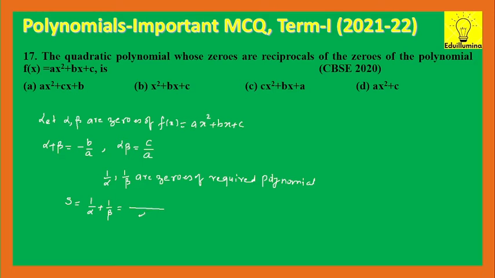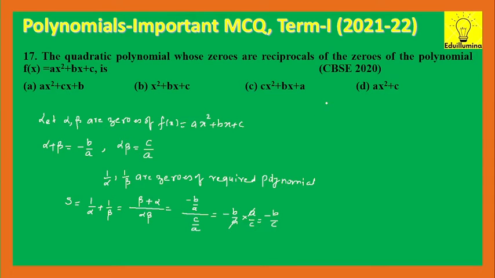Taking LCM, beta plus alpha upon alpha beta. So alpha plus beta is minus b upon a, divided by c upon a. So minus b upon a into a upon c. A cancels, so it is equal to minus b upon c.